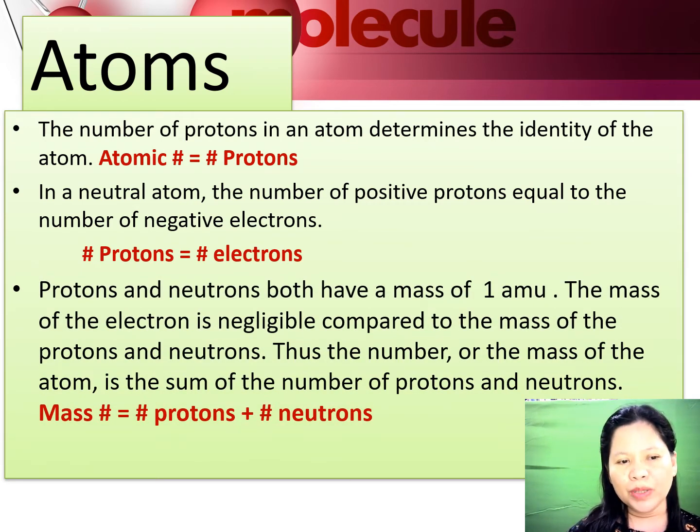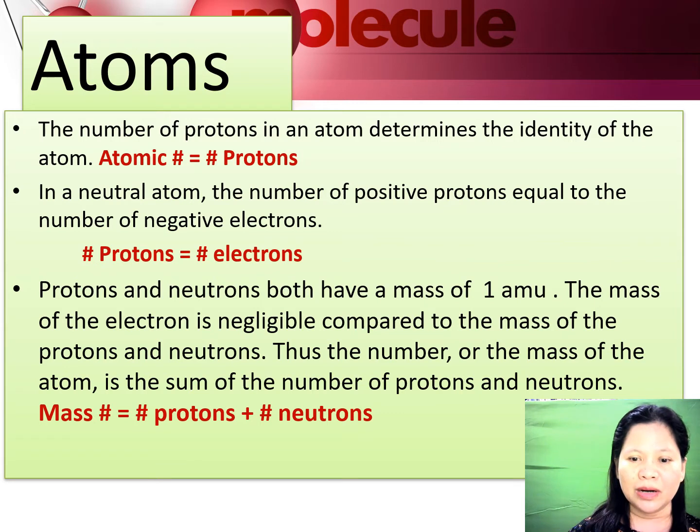Protons and neutrons both have an atomic mass unit of 1, while the mass of the electron is negligible compared to the mass of the protons and neutrons. Thus, the mass of the atom is the sum of the number of protons and neutrons. So what does it mean?